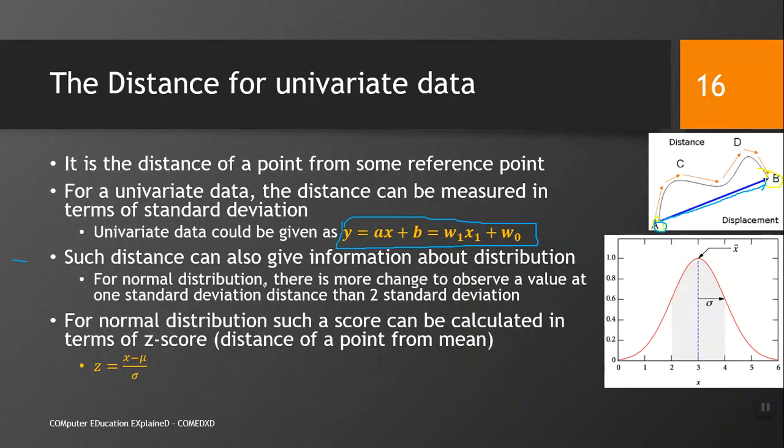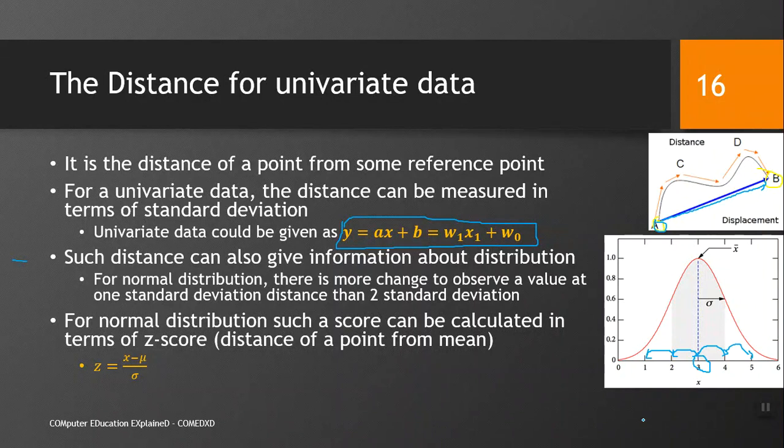For a normal distribution, there is more chance to observe a value at one standard deviation distance than at two standard deviations. Previously, we have seen that if we know the mean value, there is more chance to find a given value within one standard deviation distance than within two standard deviations, right?